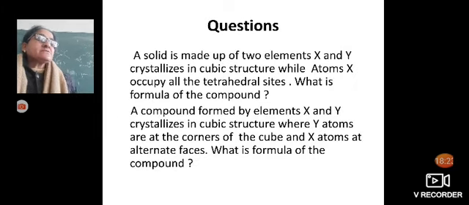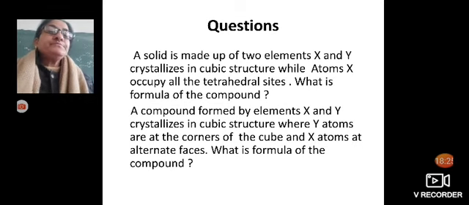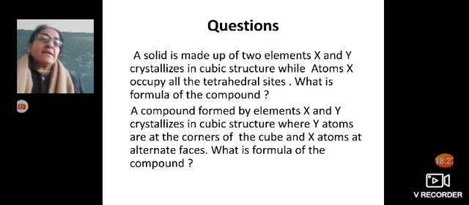Next are the questions for you. First question: a solid is made up of 2 elements X and Y and crystallizes in a cubic structure, while atoms X occupy all the tetrahedral sites. What is the formula of the compound?